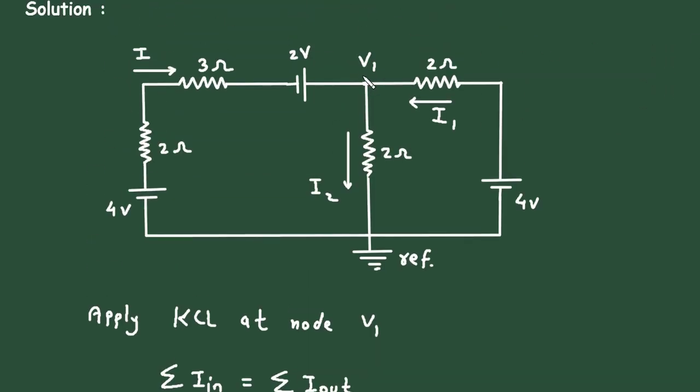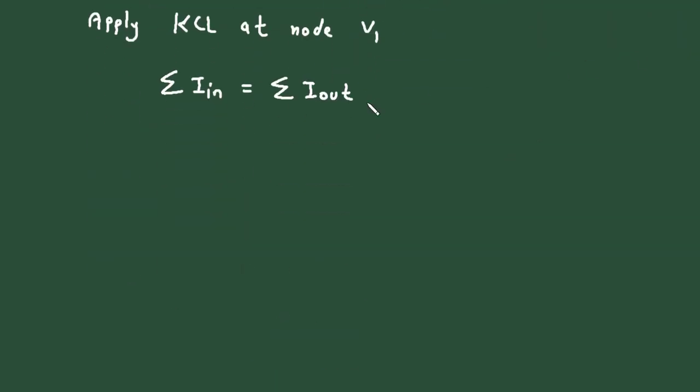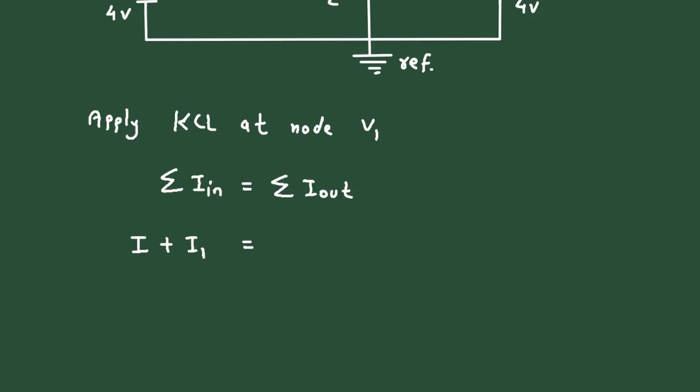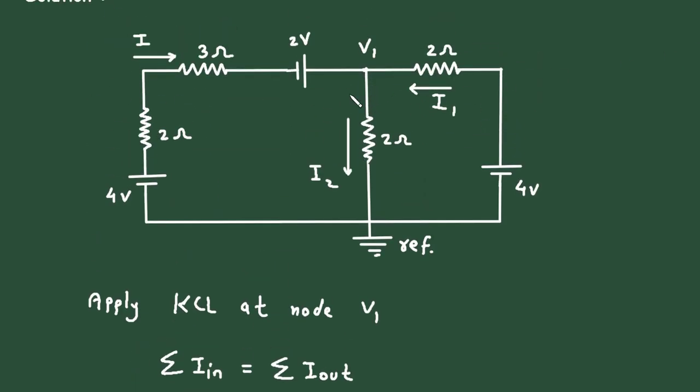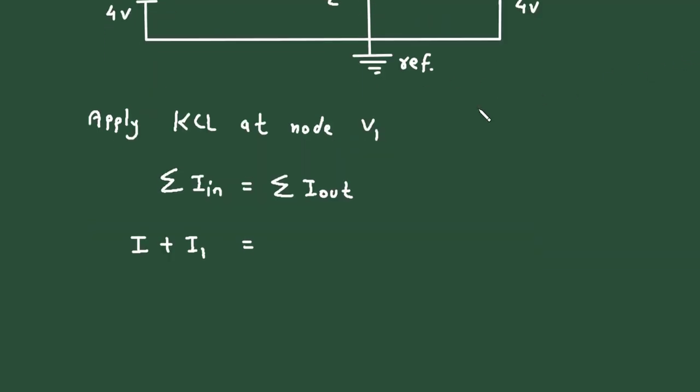So here at this node the entering currents are I and I1. So it will be I plus I1 is equal to the leaving current. Here we can see this current is leaving from V1, so it is I2.